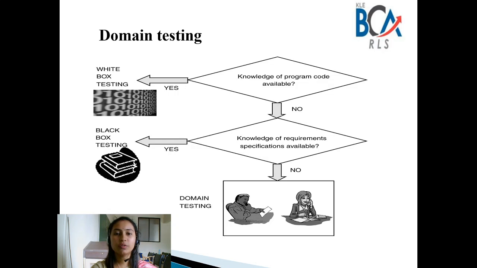And even if you don't have the domain knowledge, you go back to the customer, call him or have a meeting with him and understand what the product is all about. Then you understand it and do the black box testing. These are some of the various techniques of black box testing.